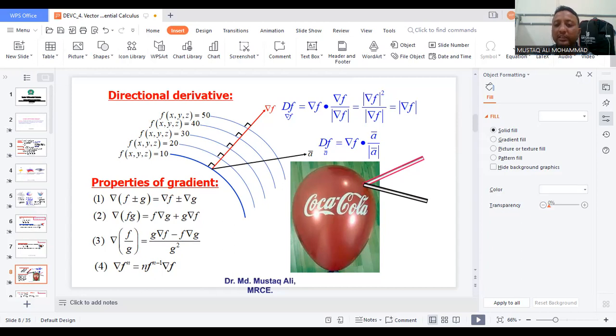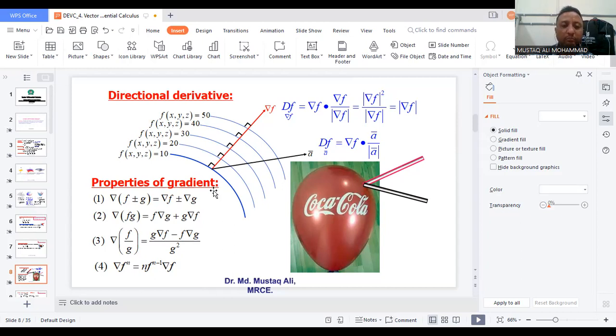In which direction can we get the maximum? In the normal vector direction only. You can see in the graph of f of x, y, z that we get the maximum value in the direction of the normal vector.